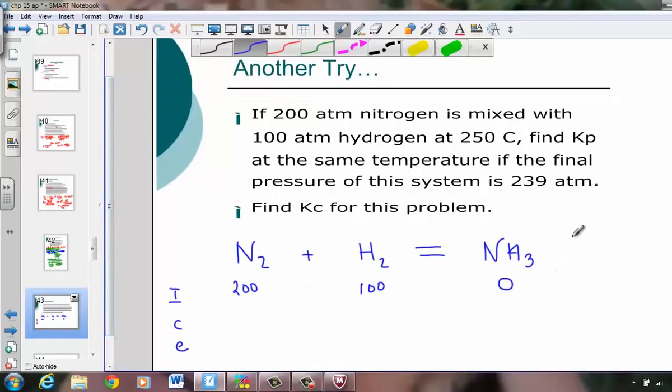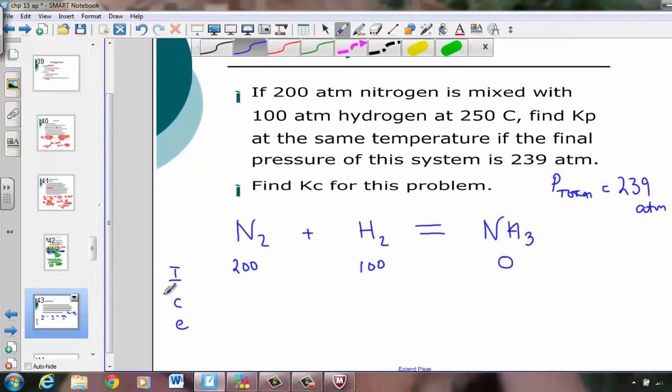But a little different. We're not given Kp, we're not given Kc. What we're given here is the total pressure. This looks like a Dalton's law of partial pressure. If the sum of all of the partial pressures at the end is 239, here's what it's really saying.